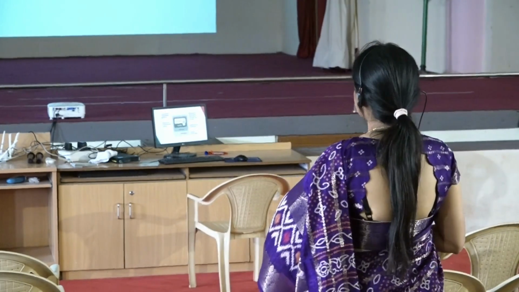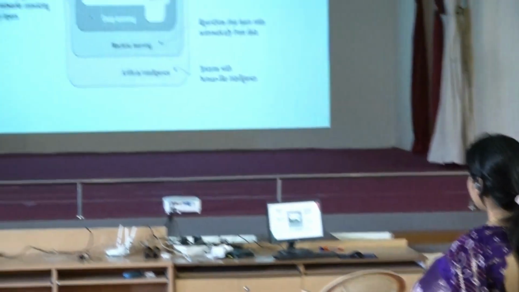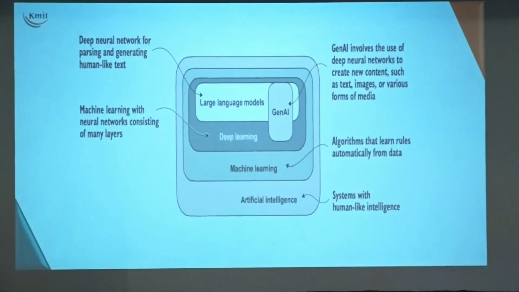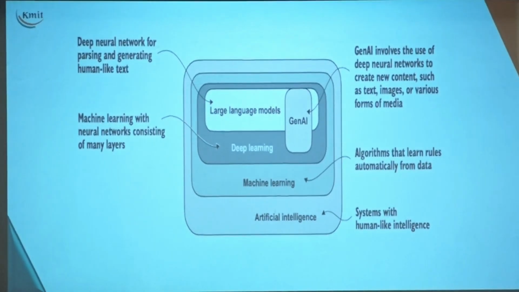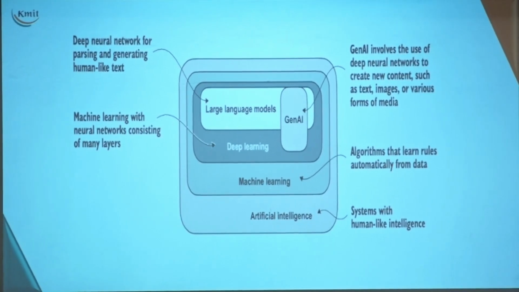As you can see in the picture, machine learning is one subset of AI, dealing with algorithms that learn rules automatically from data. When we talk about deep learning, we say machine learning with what? Advanced algorithms using neural networks. Now, when I talk about large language models, what do you see there?